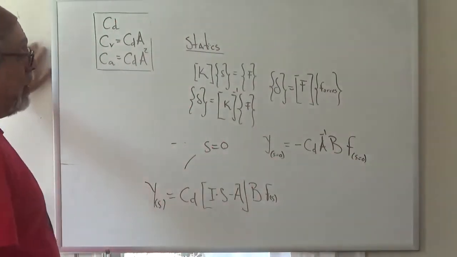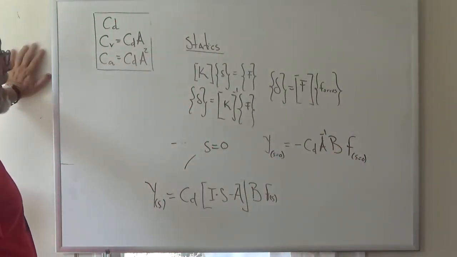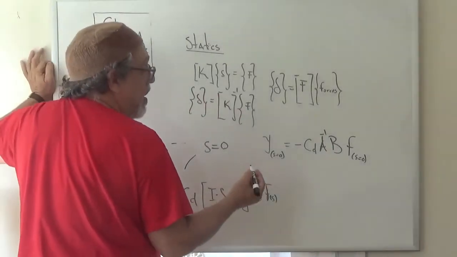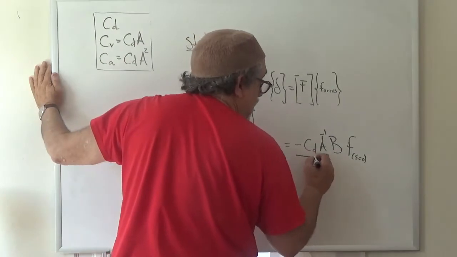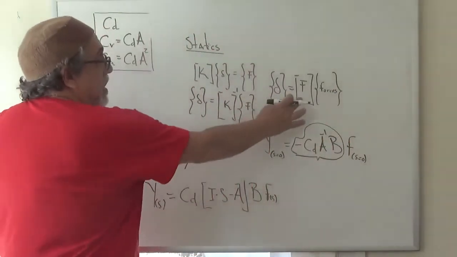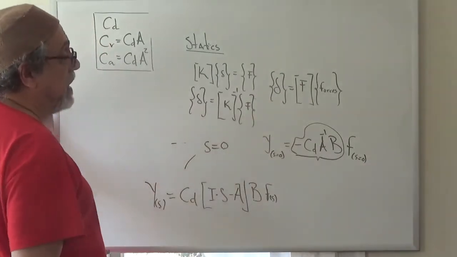And it turns out that y at s equal to 0 is the static displacements, and f at s equal to 0 is the static forces, in the sense that we looked at here. So in a very simple manner, we have here an equation for this matrix, which is the flexibility matrix.